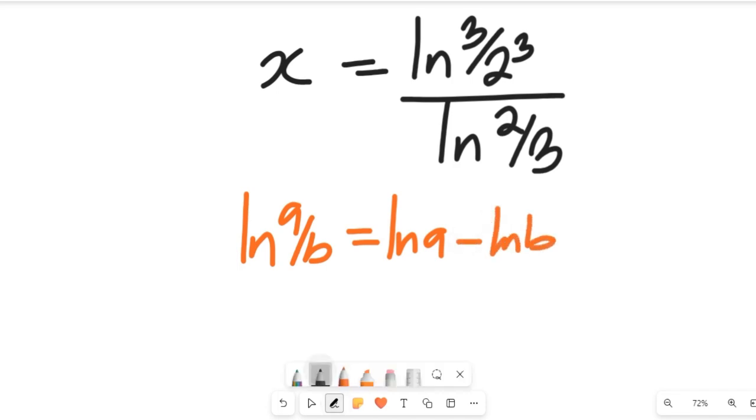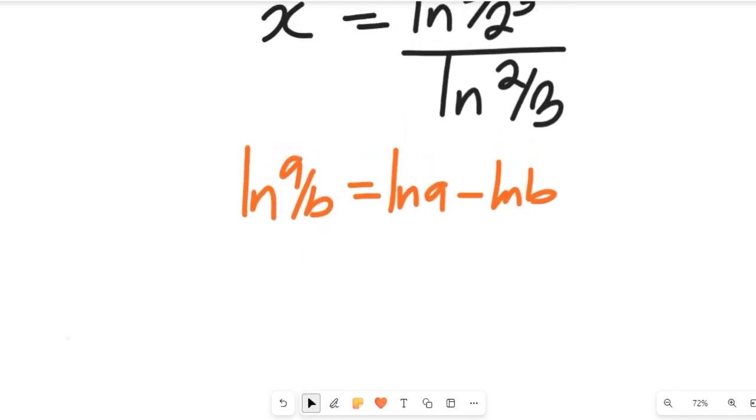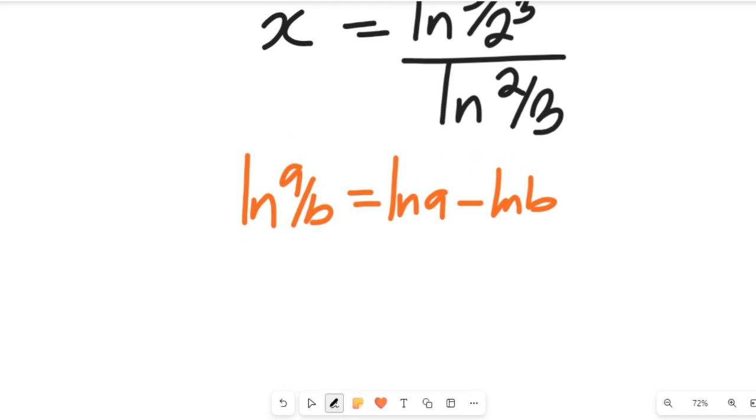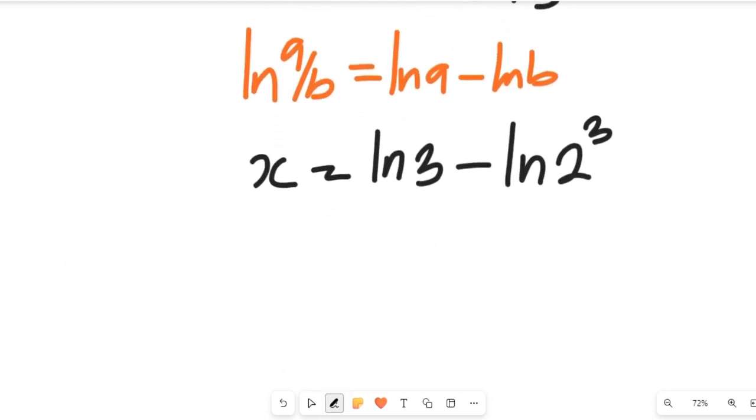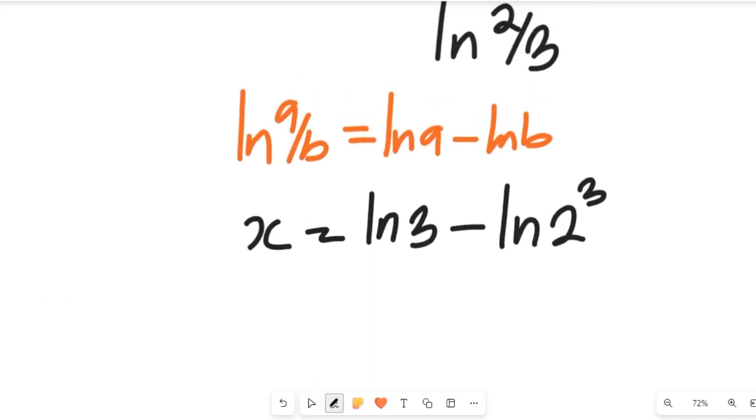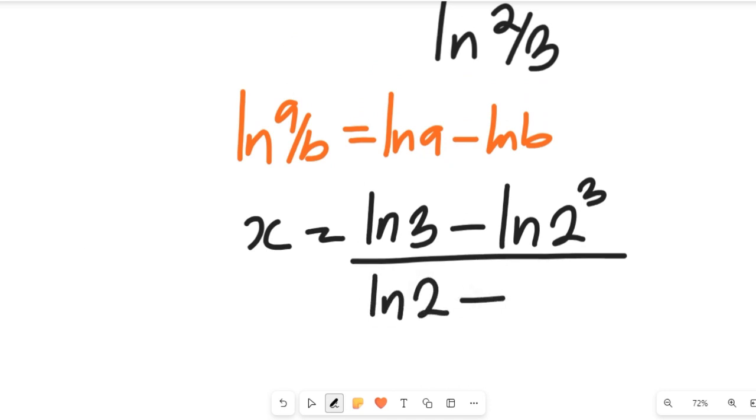So if we apply that to that equation, the value of x will now be equal to ln of 3 minus ln of 2 to the power of 3, all divided by ln of 2 minus ln of 3.